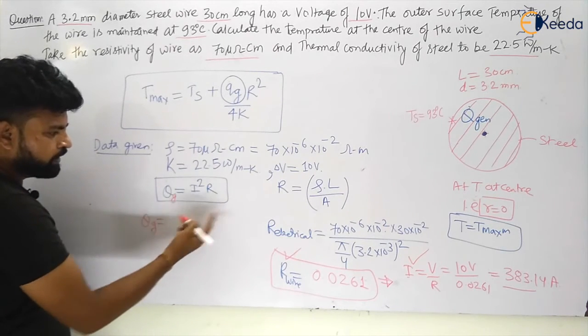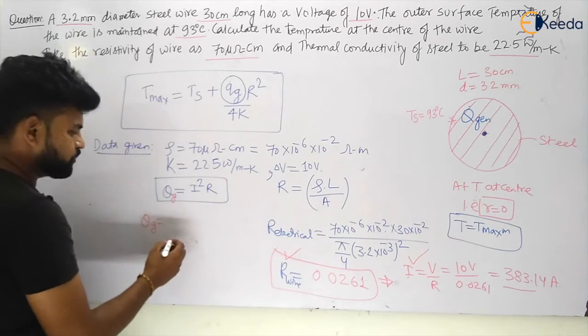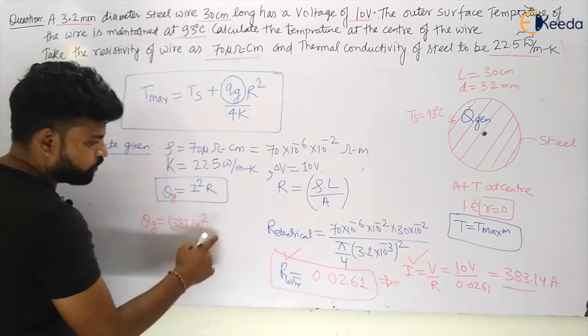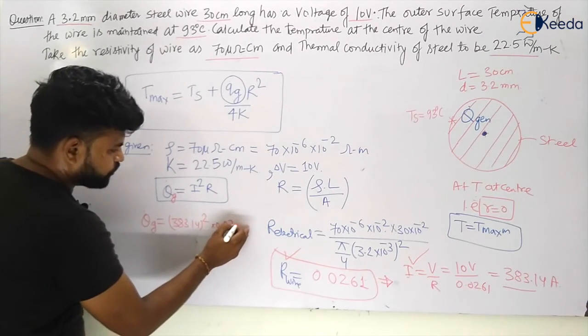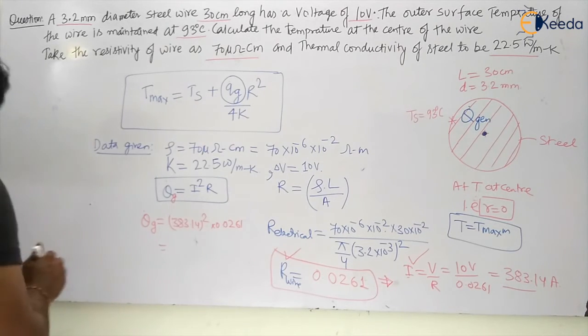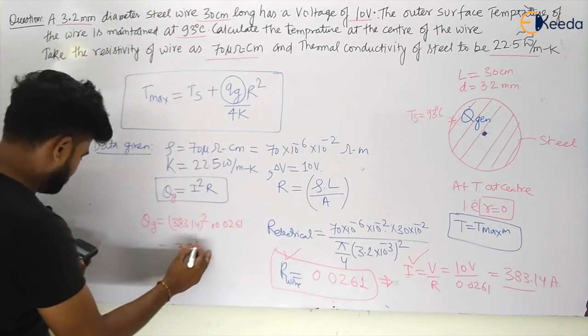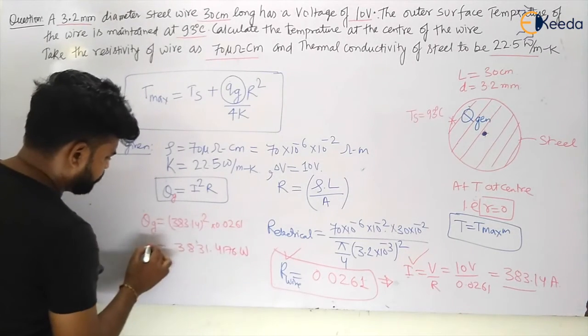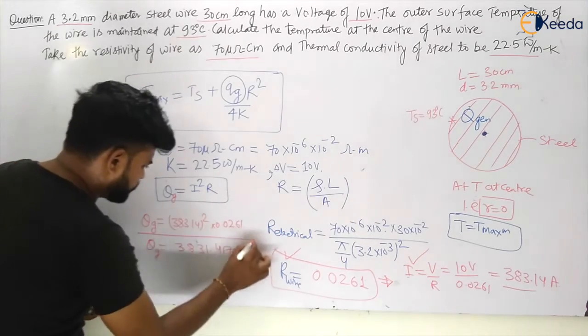I square into R. This will be given by I square, that is 383.14 square into R, which is 0.0261. So this will be equal to 383.4176 watt.